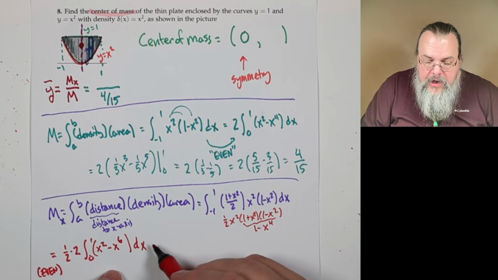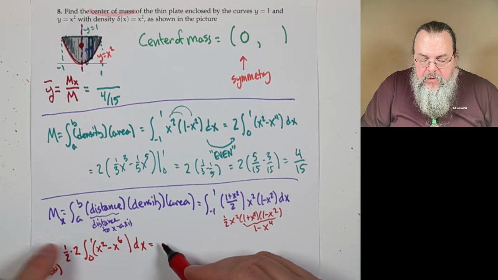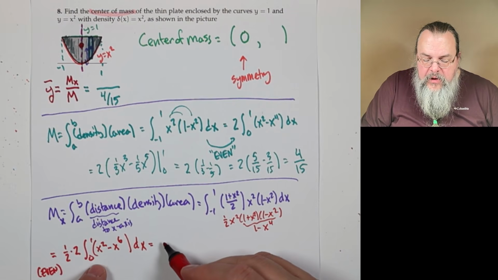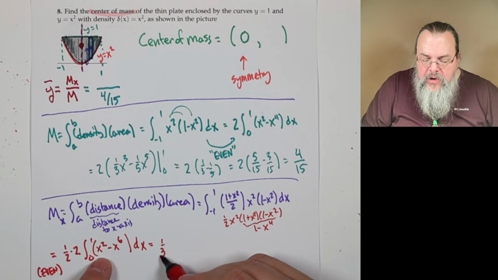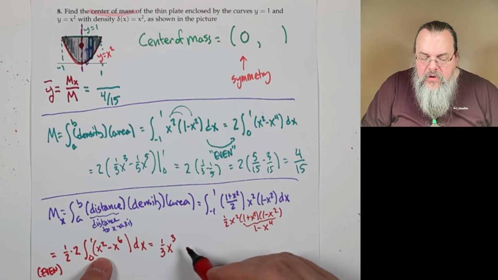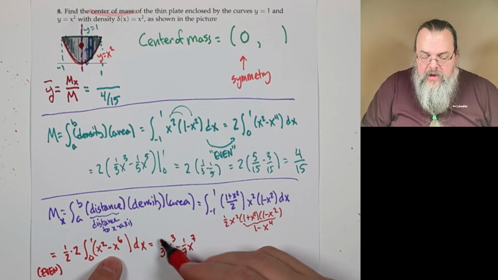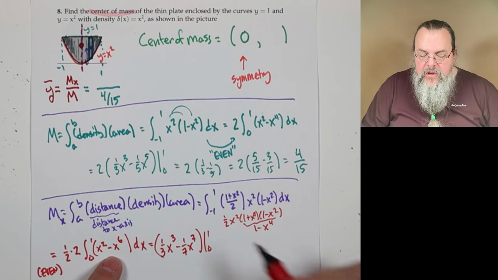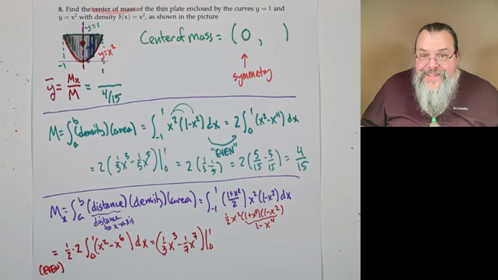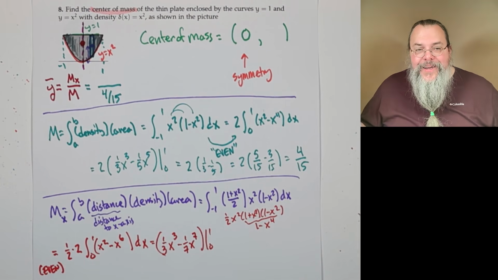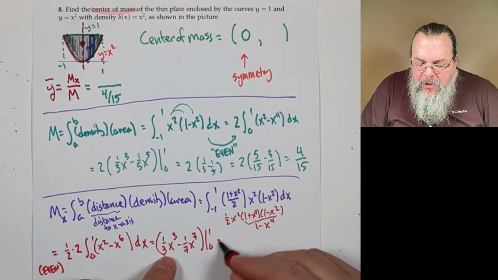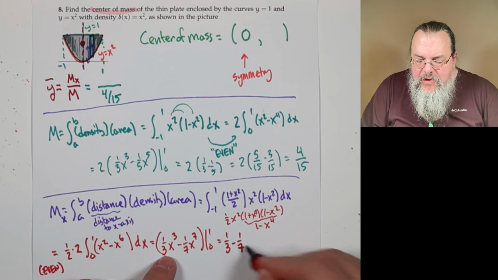The 1/2 and 2 cancel, and so we end up with 1/3 x cubed minus 1/7 x to the 7th, evaluated from 0 to 1. 0 is our friend, it goes away. So you plug in 1: 1/3 minus 1/7.